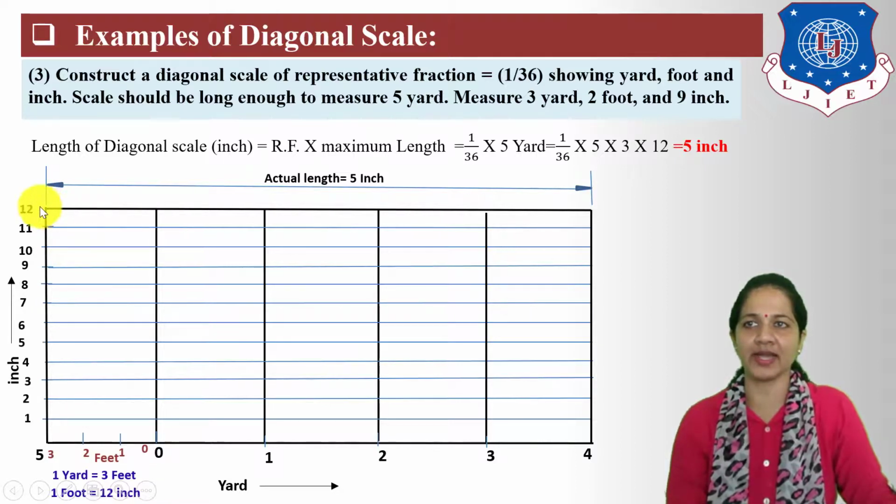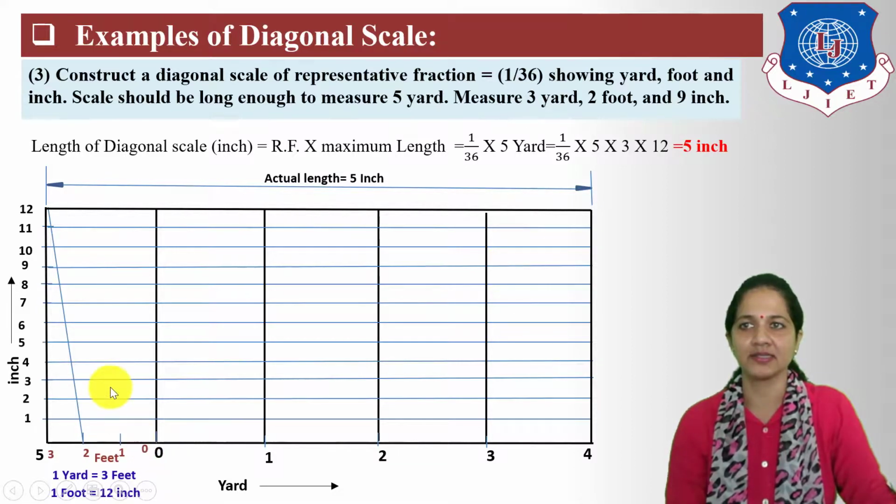For the first diagonal line, connect the maximum inch point 12 and the second last feet point 2. Draw parallel lines passing through the remaining feet points, parallel to this first diagonal line.